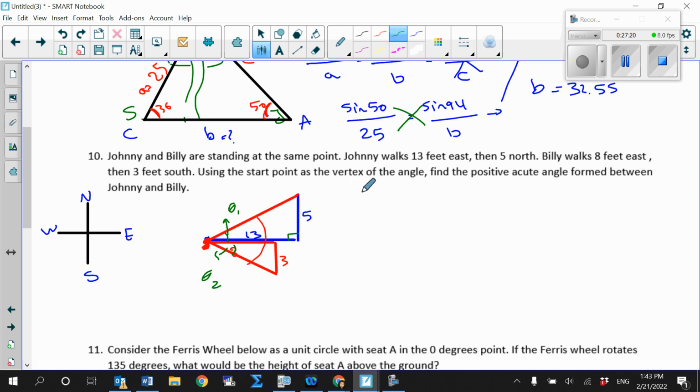And we have learned before that tangent of theta 1 equals opposite over adjacent, which is 5 over 13. To find angle theta, I can use the inverse function, tangent inverse of both sides. These two cancel each other, and theta will be tangent inverse of 5 over 13.